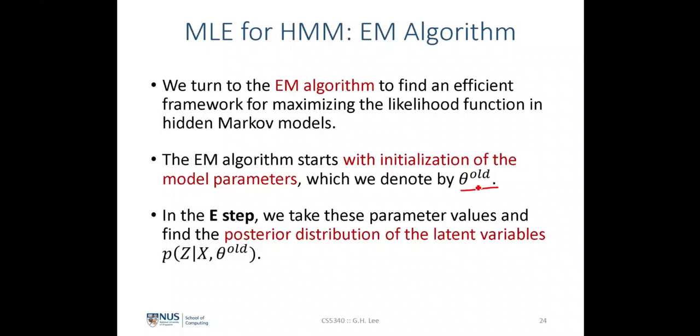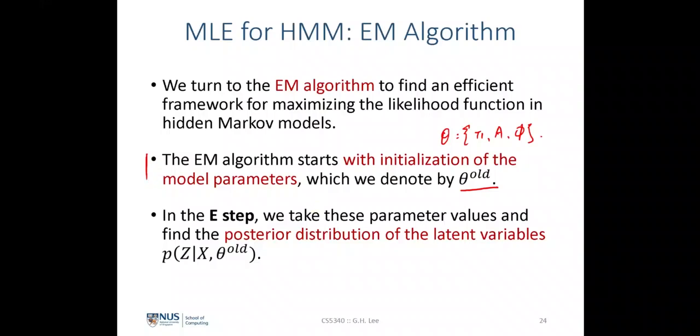In this case, theta would be our pi, which is the categorical distribution of the prior term, as well as the transition matrix denoted by A, and phi, which is our emission probability. So this is different from the mixture model or the Gaussian mixture model that we have seen in the previous lecture, but the concept of the EM remains the same.